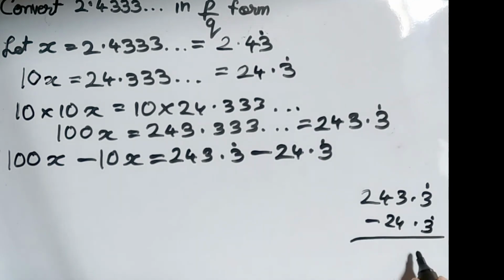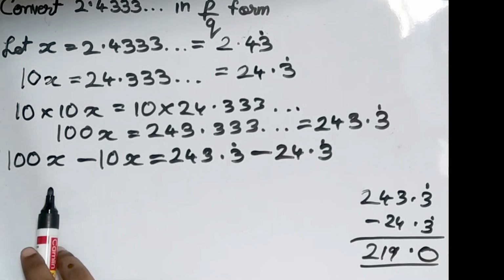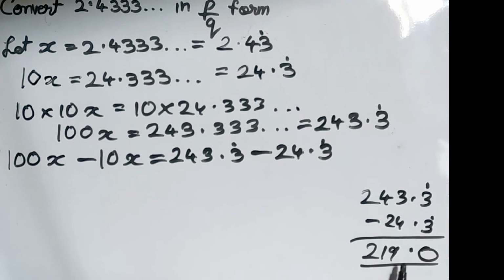So after the decimal there will be 0, and 243 minus 24 will be 219.0. Okay. Now understood why we did this 100x minus 10x, so that whatever answer we get, there should be no number after the decimal.